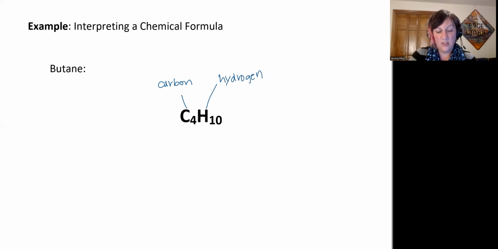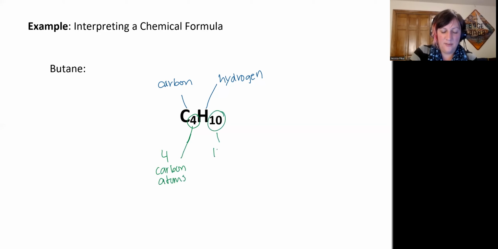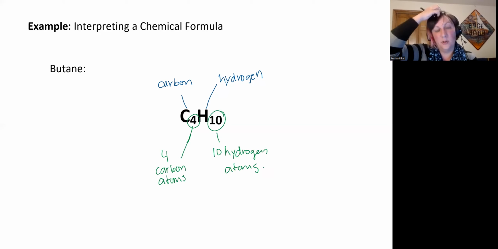Then I'm going to notice that the amount of carbon to the amount of hydrogen is captured in the subscripts. That means I have 4 carbon atoms and 10 hydrogen atoms in this molecule.